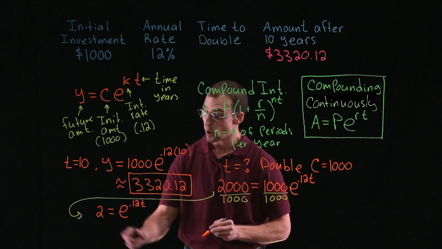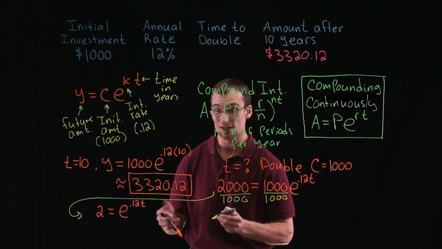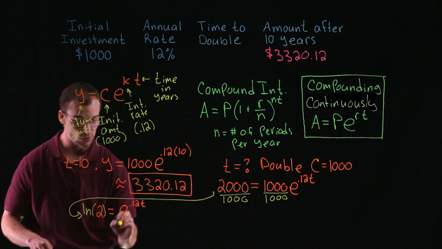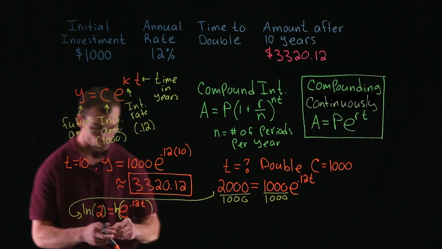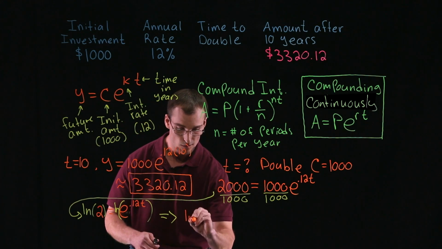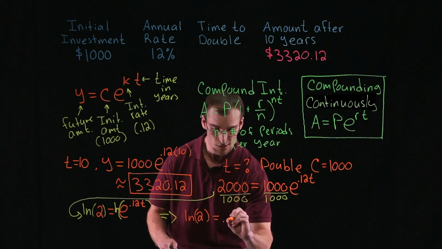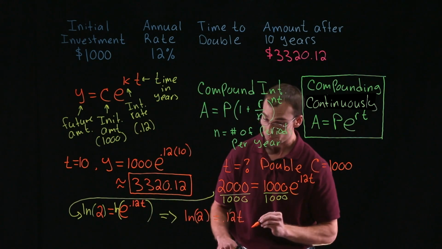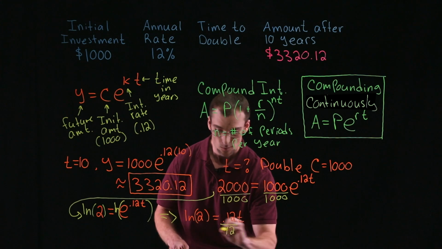From algebra, a way to bring the variable out of the exponent is to take the natural log of both sides. So the natural log of 2 is equal to just the exponent, 0.12t. And of course, we want to solve for t, so we'll divide both sides by 0.12.